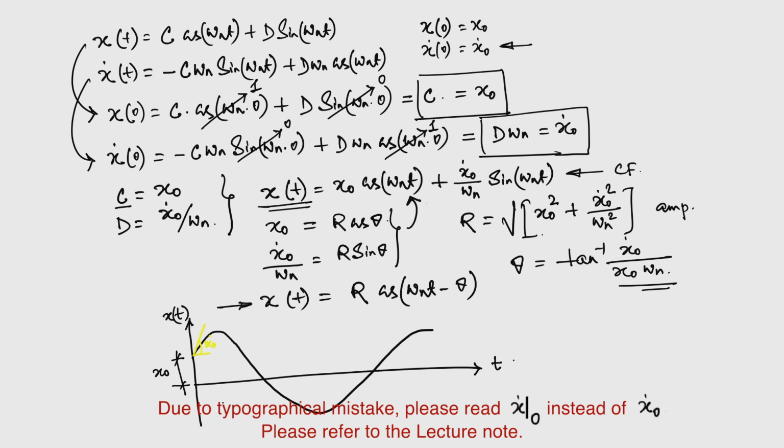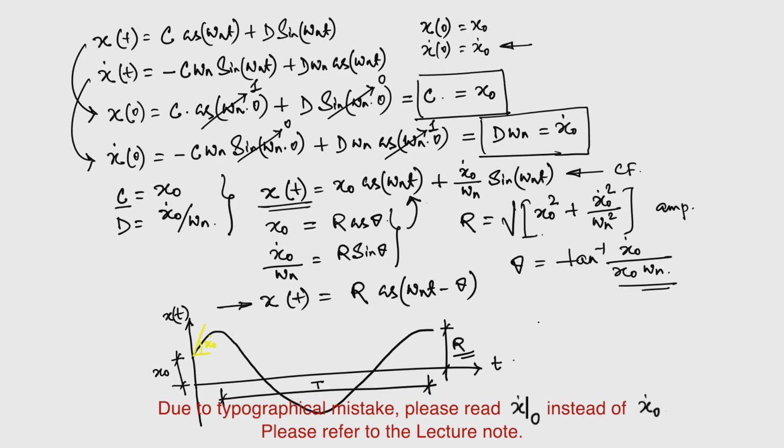Now, obviously, what is the amplitude? So, if I consider peak to peak, this is the time period and this is the amplitude r. So, this is time period and we get the amplitude. The point to be noted here, as the time progresses, the response follows this sinusoid and it continues. It never comes back. The reason is we have no damping force in the equation of motion.